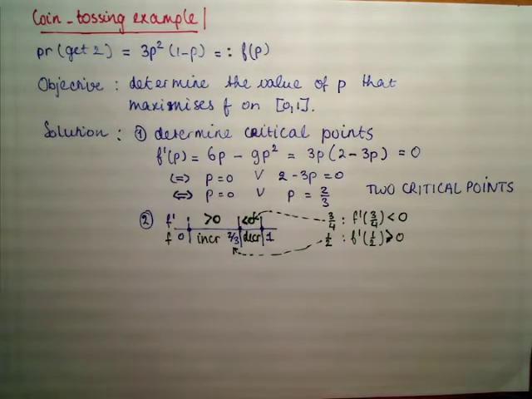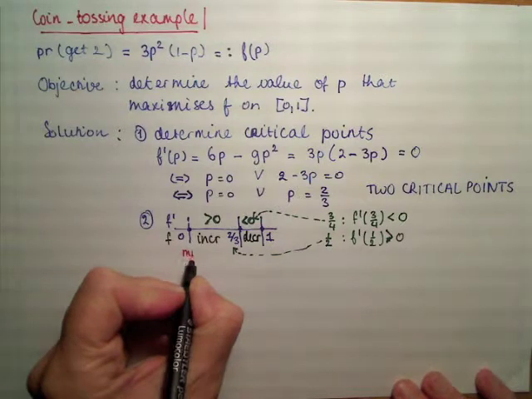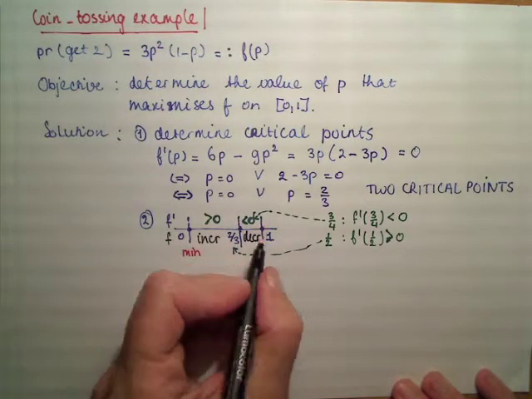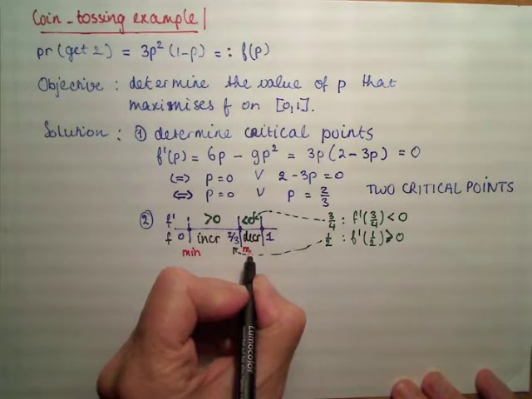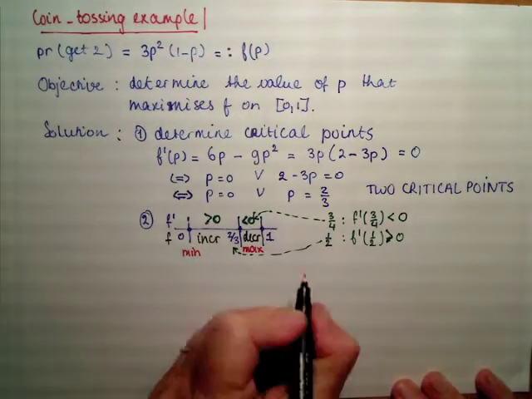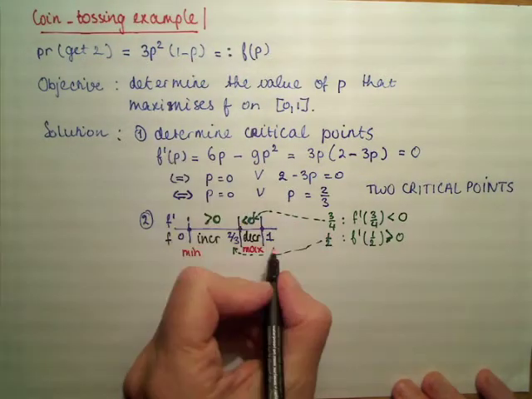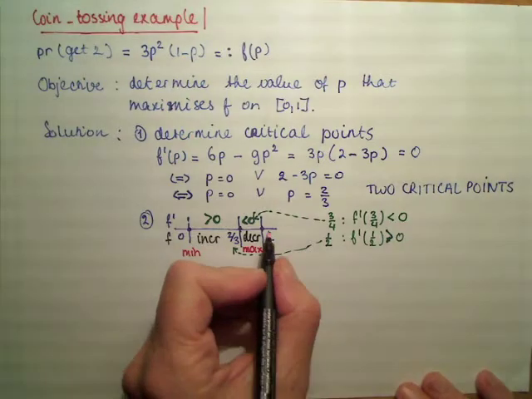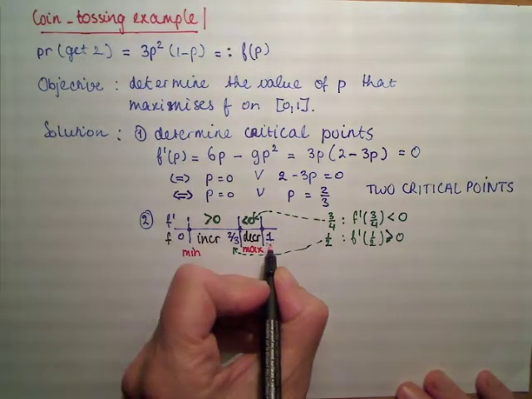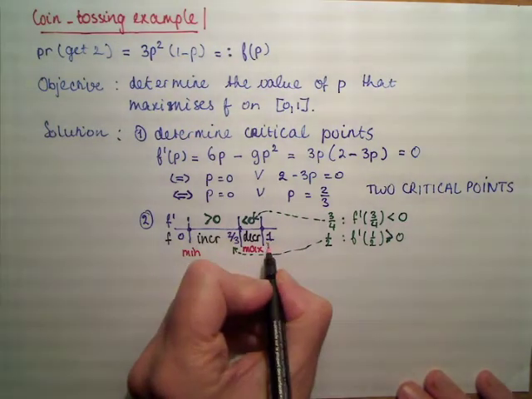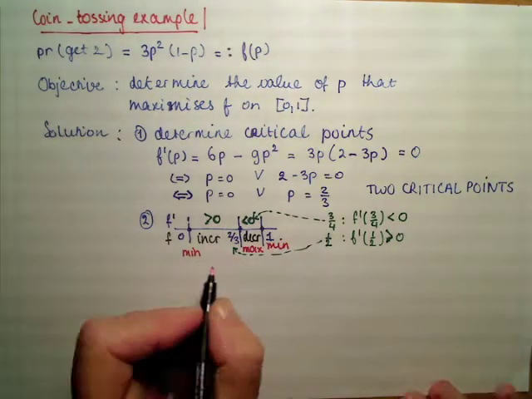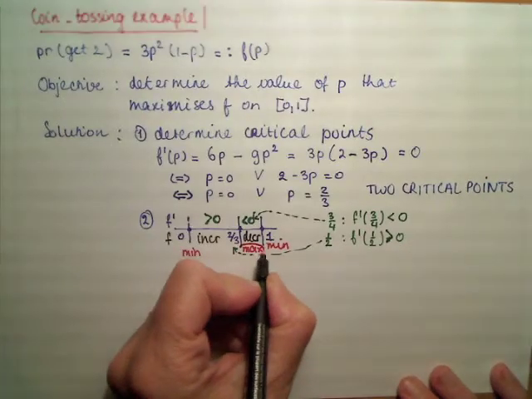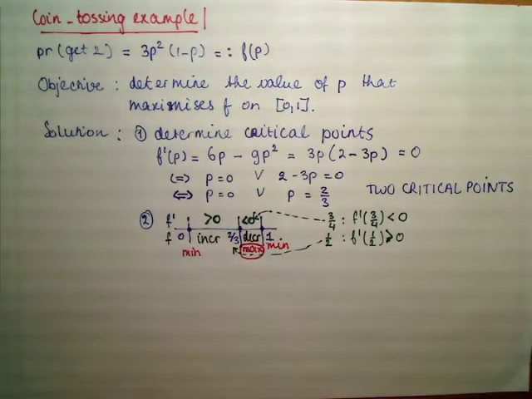Then we increase up to some higher value, but decrease afterwards, so 2/3 must be a maximum. And finally we decrease when our p-value increases to 1, so we get a minimum at the right endpoint. So this maximum is sitting at 2/3.